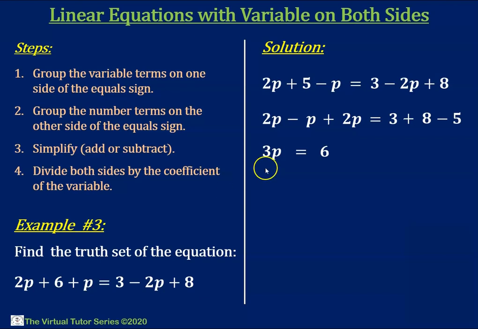We now get rid of 3 at the left hand side by dividing both sides by 3. This produces 3p divided by 3 at the left hand side and 6 divided by 3 at the right hand side.